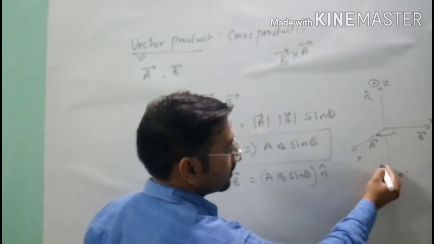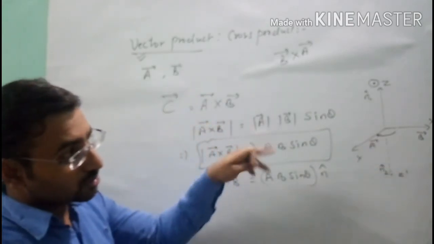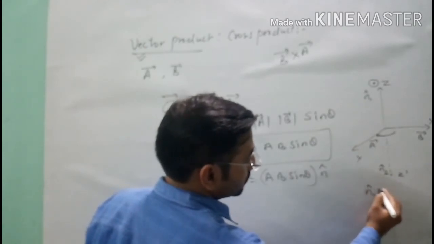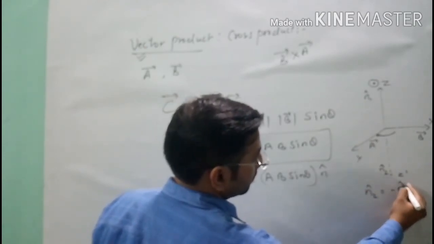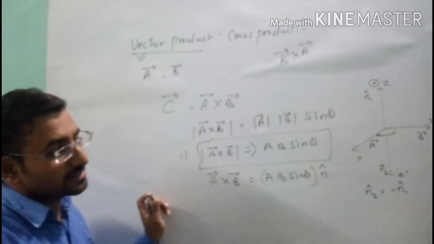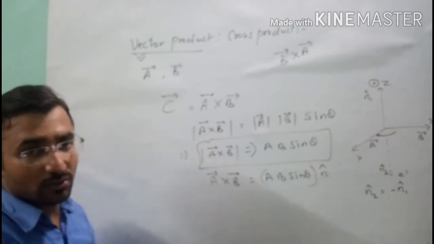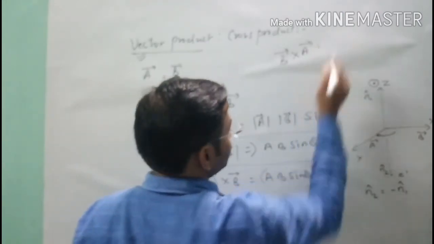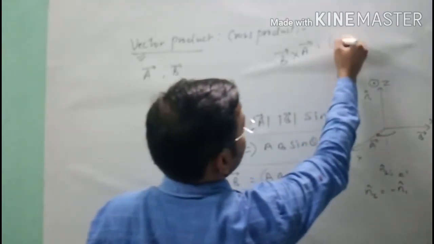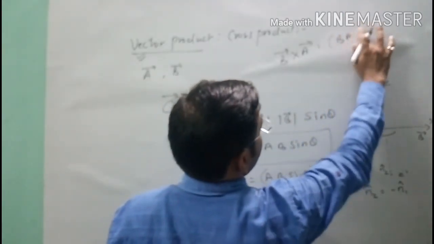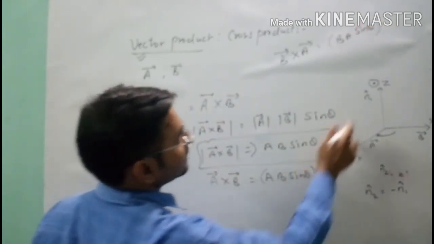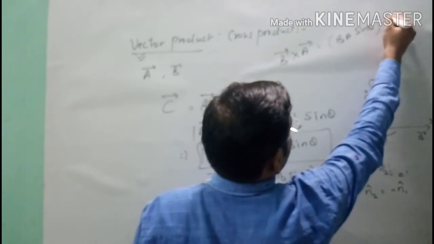And if we want to show a relation between n1 and n2 cap, we can easily show n2 is equal to negative of n1 cap. It means that both are opposite in direction. So here B cross A will be represented in the same manner as BA sine theta, and along with this the n cap vector.